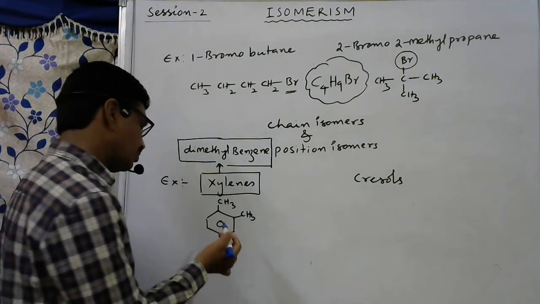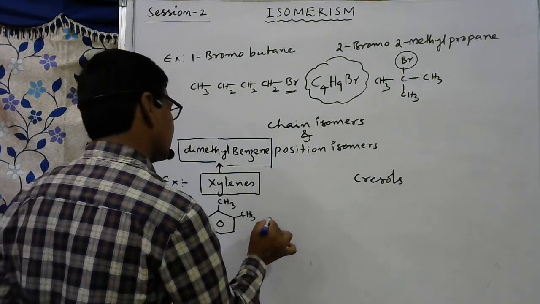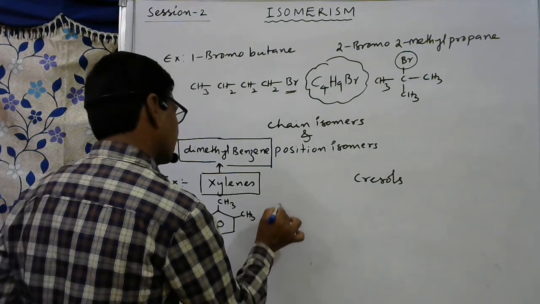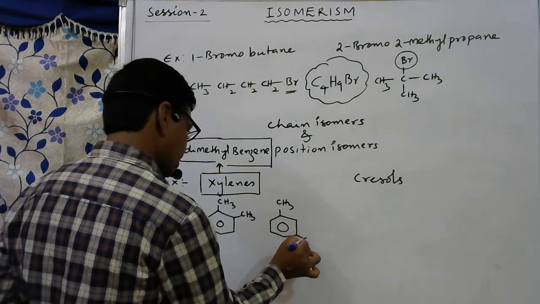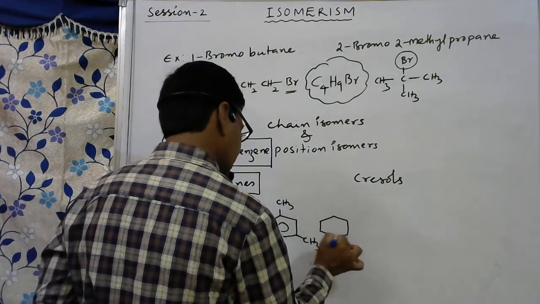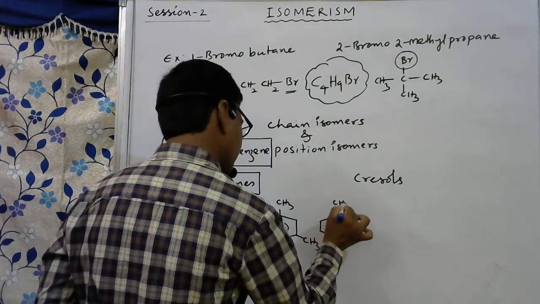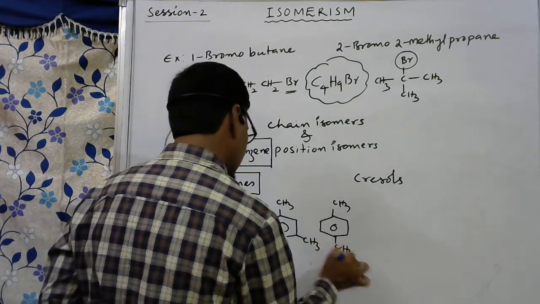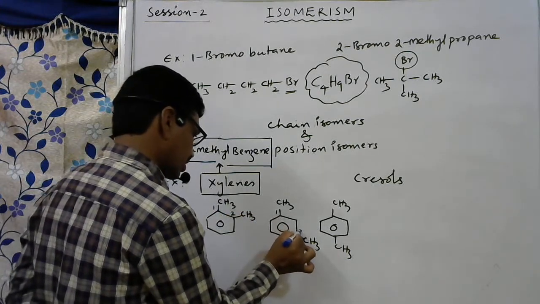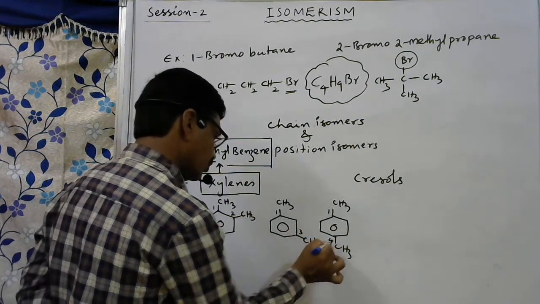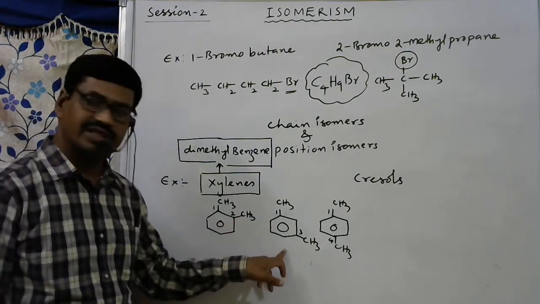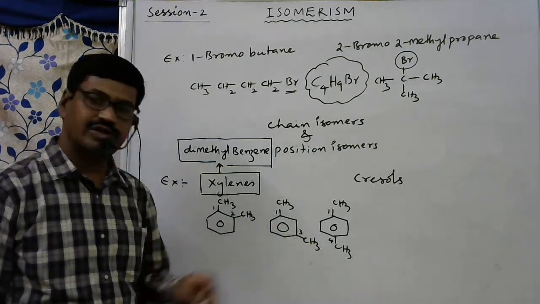If you write different positions, see here I am writing a methyl group here, one more methyl group here. One more compound, methyl group here, methyl group here. Here 1,2, here 1,3, this is 1,4. So 1,2-dimethylbenzene, 1,3-dimethylbenzene, 1,4-dimethylbenzene.